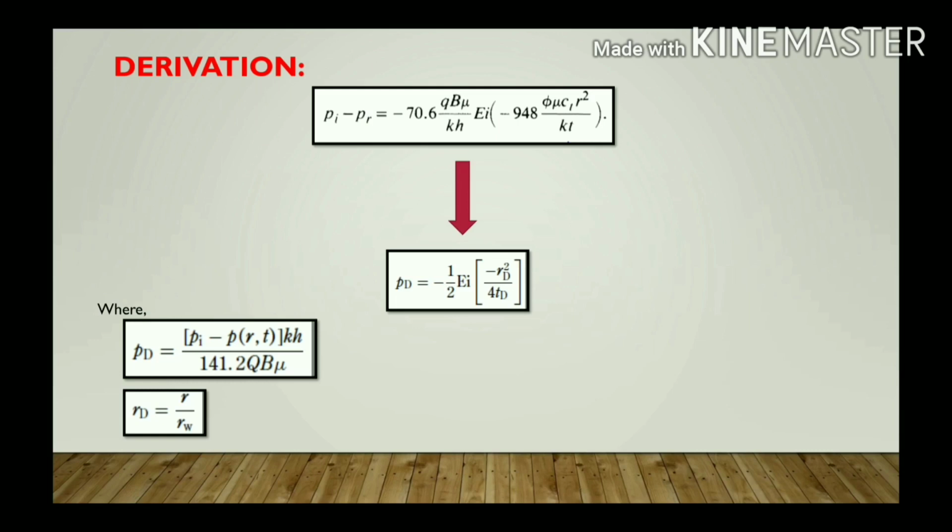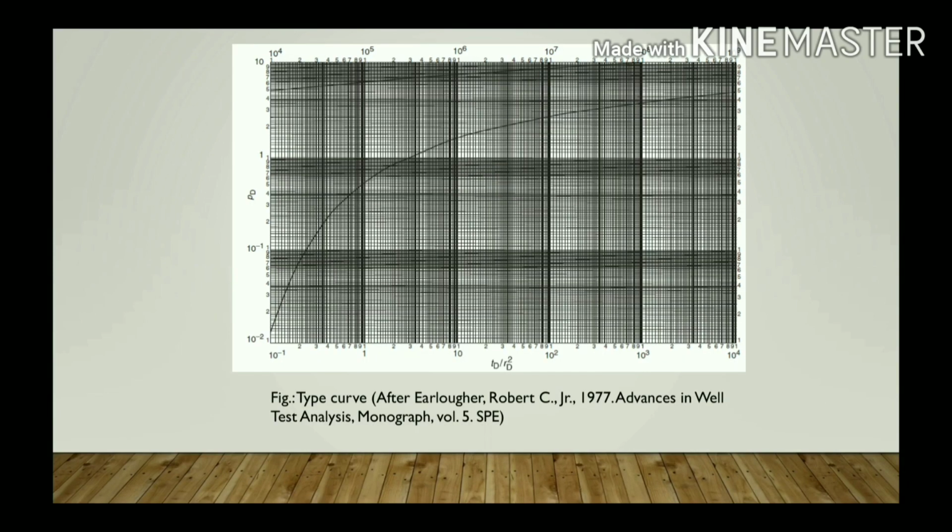So here you find two terms, dimensionless pressure and dimensionless radius. This is basically a type curve, which is the curve between dimensionless pressure and the dimensionless time upon dimensionless radius square.